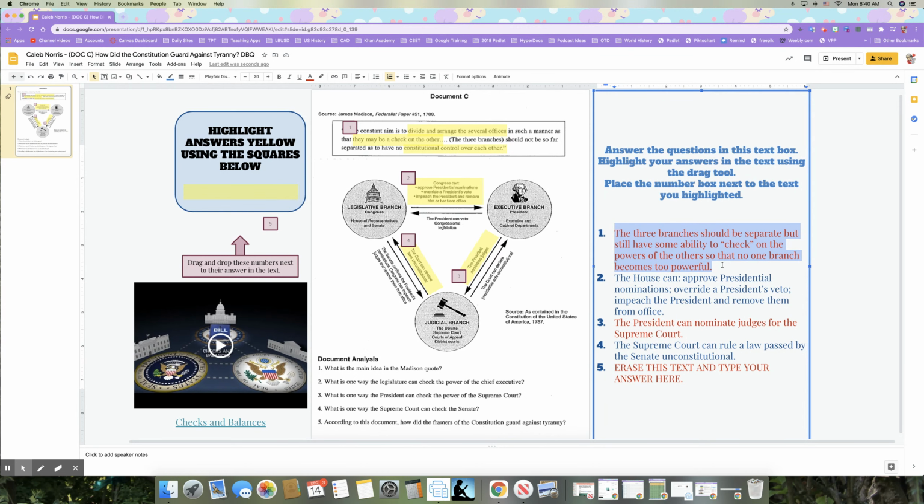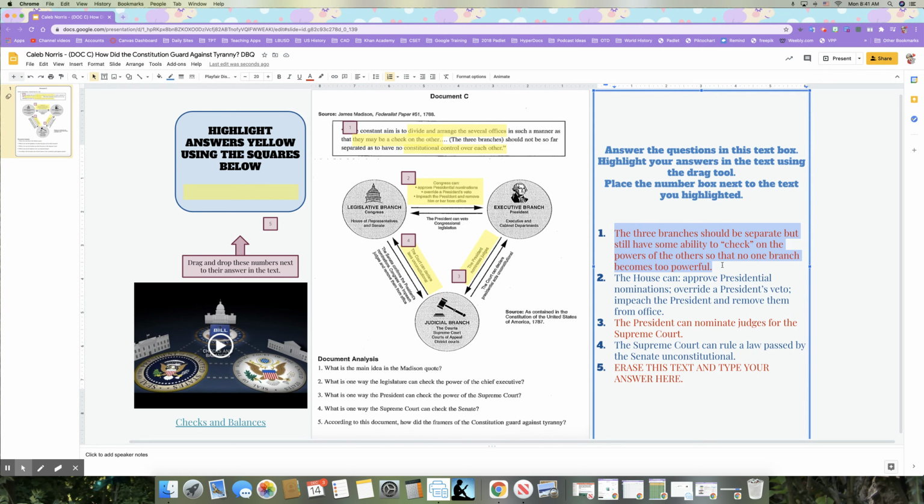And now let's look at number 5. And it says, according to this document, how did the framers of the Constitution guard against tyranny? So this document is all about checks and balances. Yes, there is a separation of power, but not so separated, so not so far apart that they cannot check each other.